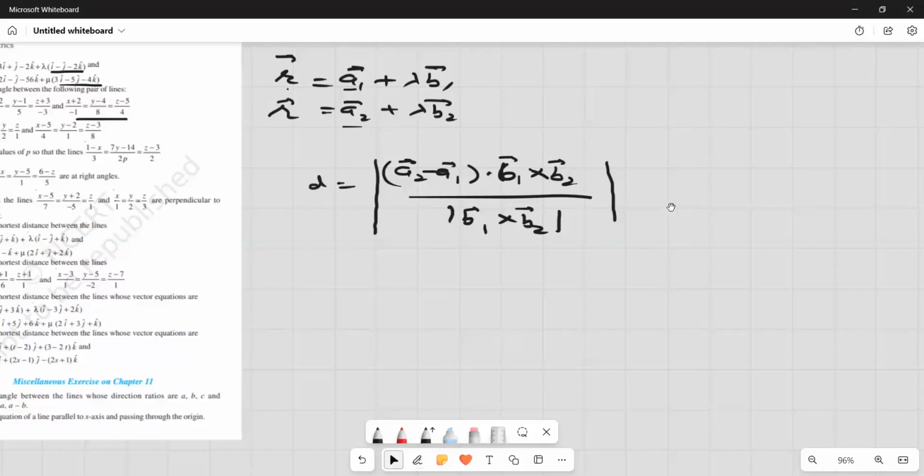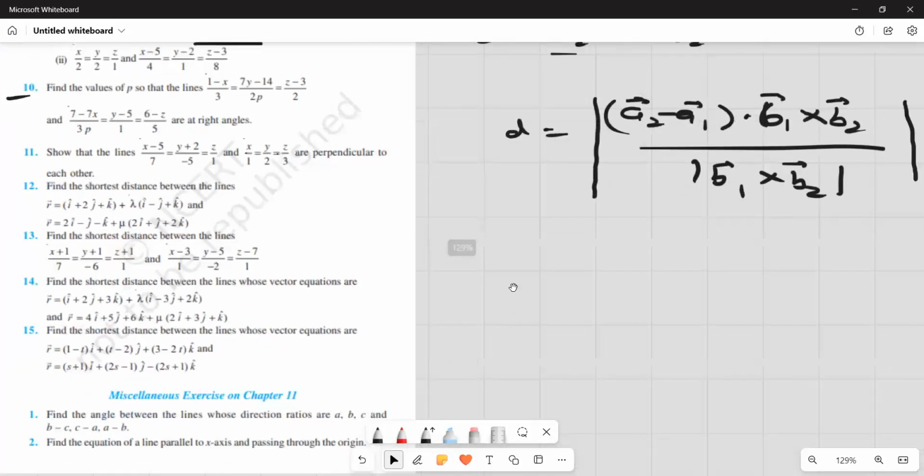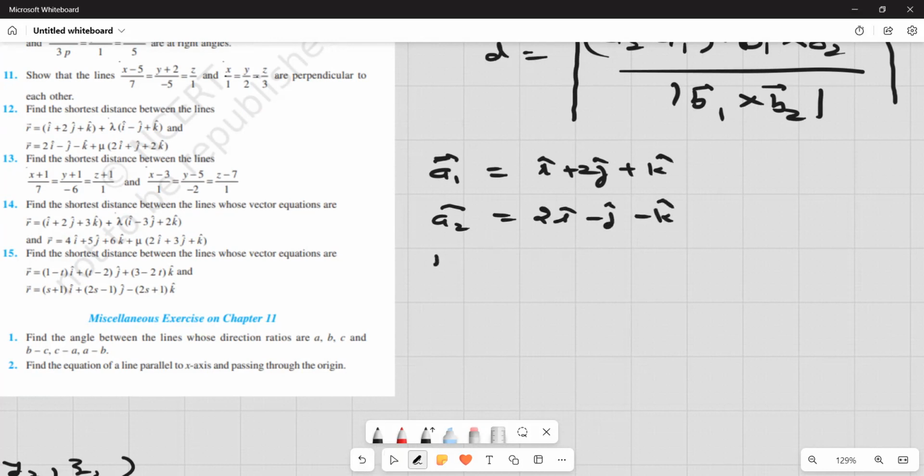So first, let us check the question given to us. Find question number 12. a1 is i plus 2j plus k. a2 is 2i minus j minus k. b1 is i minus j plus k. b2 is 2i plus j plus 2k.